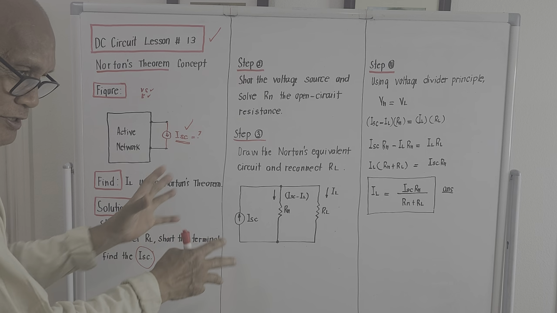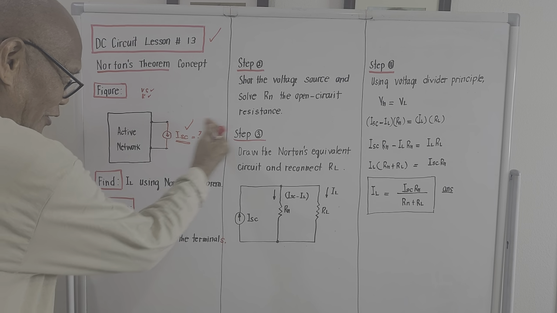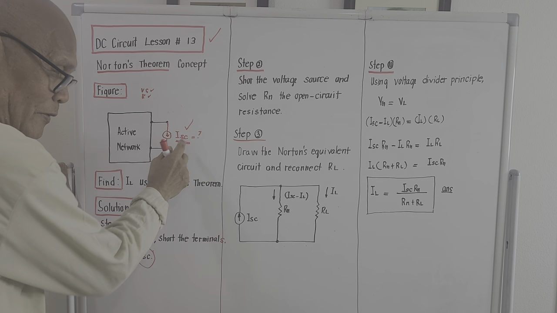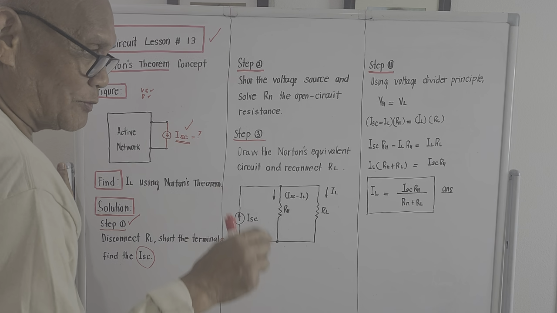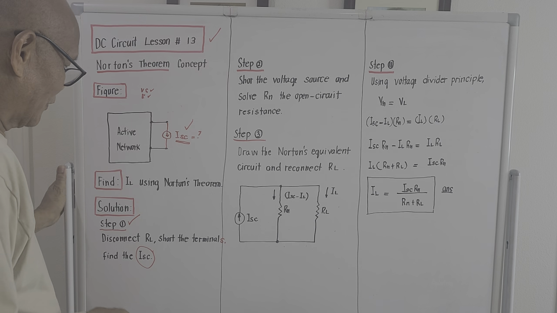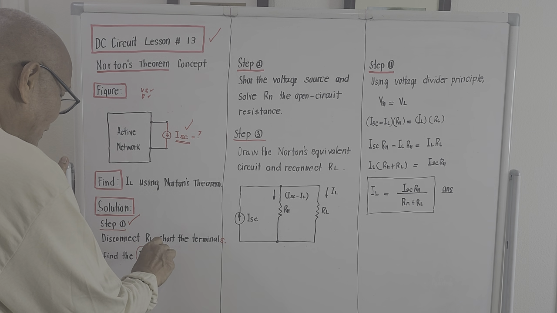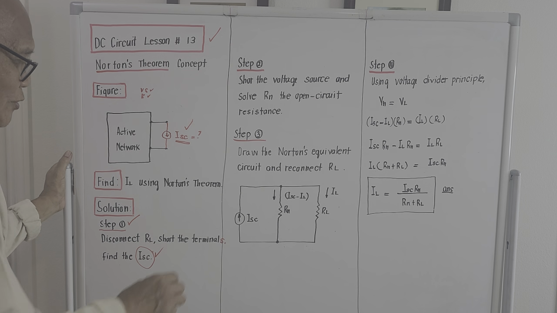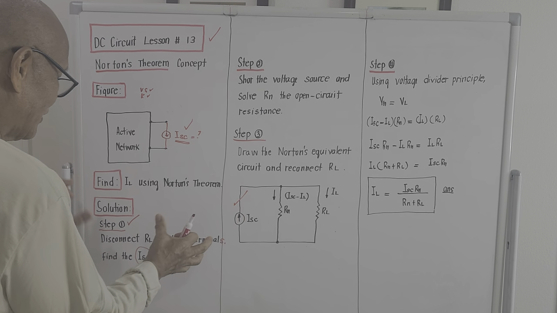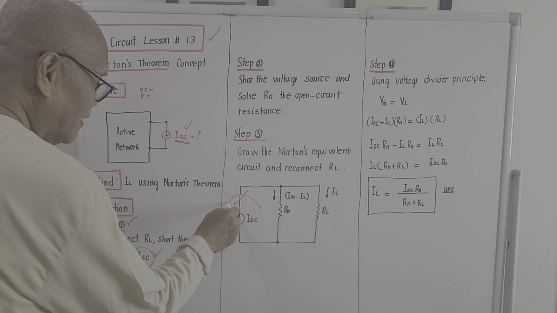So just like what I said, step number 1, you disconnect the load, short the terminals, then compute for the short circuit current by using your knowledge of the series-parallel combination concept. That's step number 1. We are now done with this part here. Actually, step number 1 is this part here.